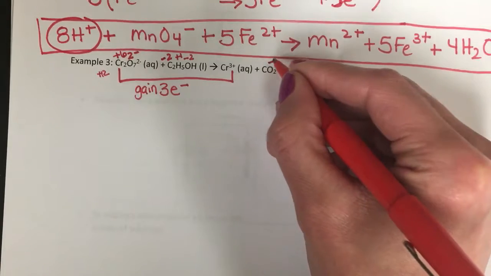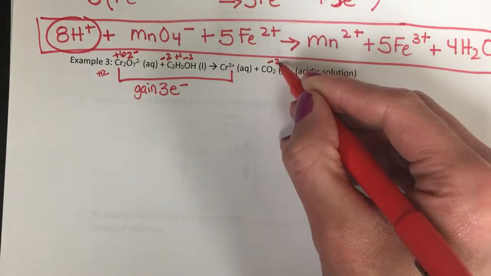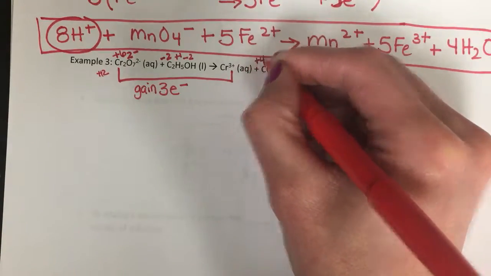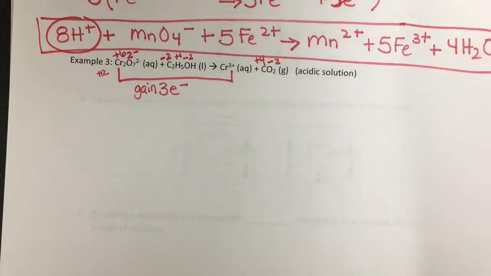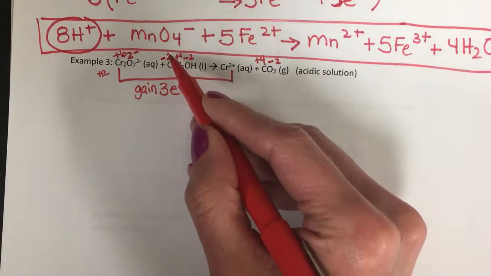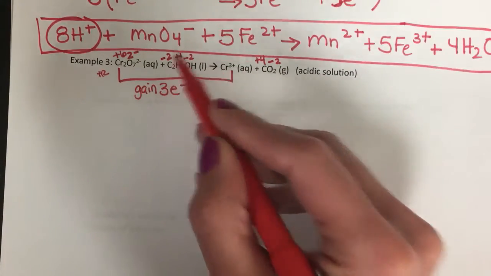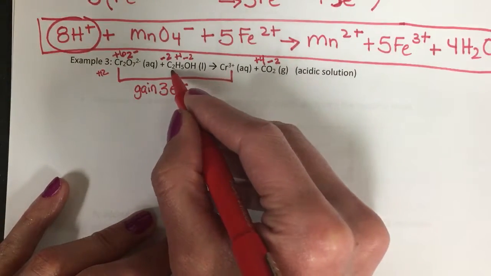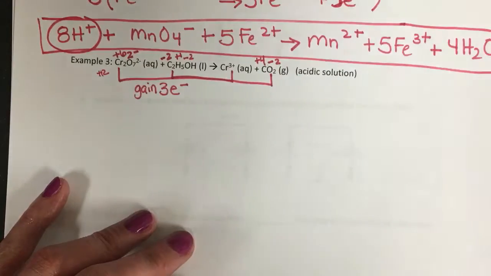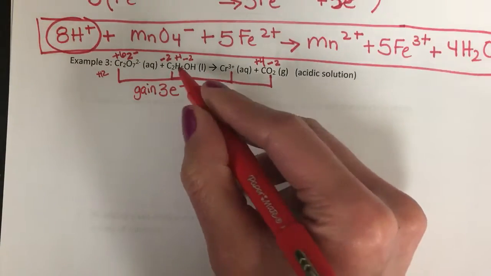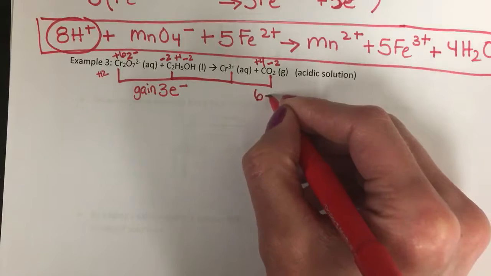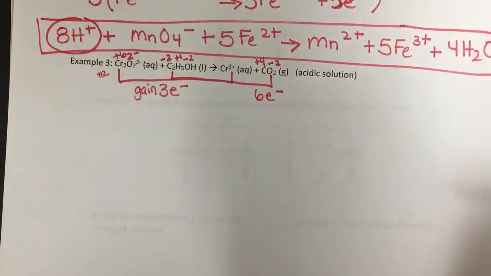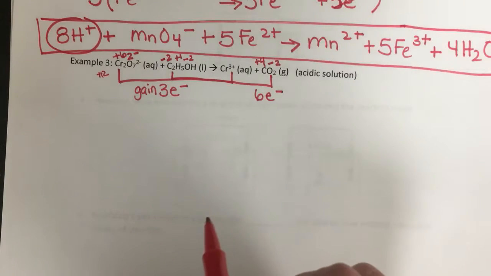In CO2, oxygens are still -2. I've got 2 of them. 2 times 2 is 4. So I need 4 positives to cancel them out. So carbon is going from a -2 to a +4. So it's going to actually change by 6 electrons. It's going to lose 6 electrons to become more positive.